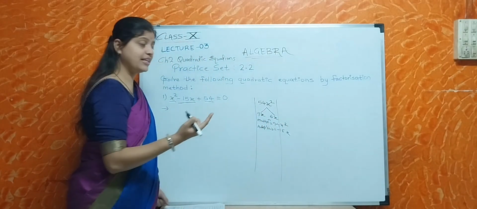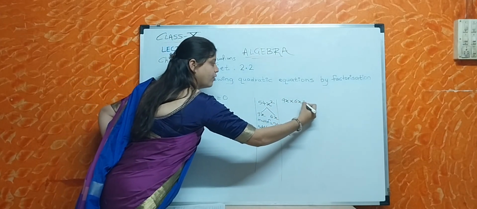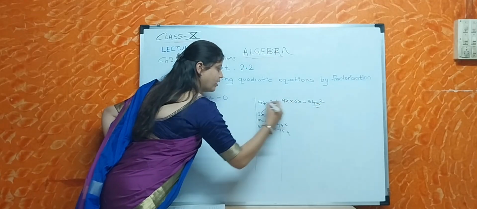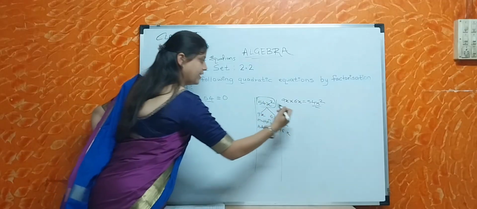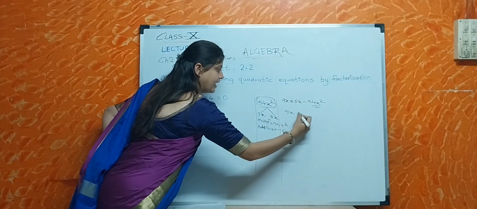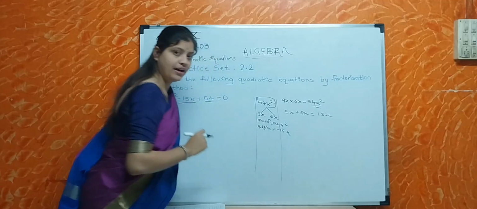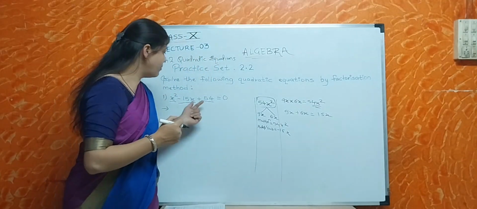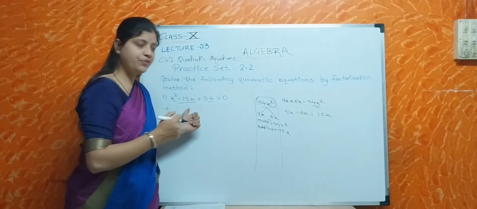Why 9x and 6x? See, 9x into 6x we get 54, and x into x gives the x square term, right? And similarly, when we add 9x plus 6x we get 15x. Understood? But the difference here is we want minus 15x, right?